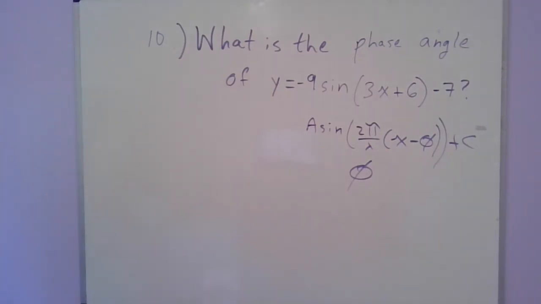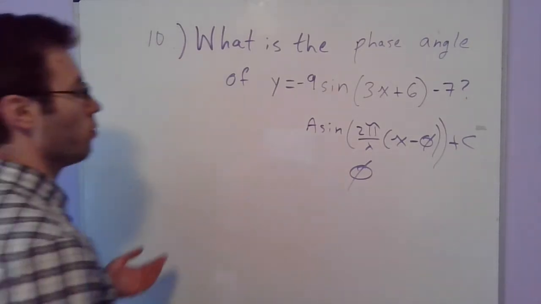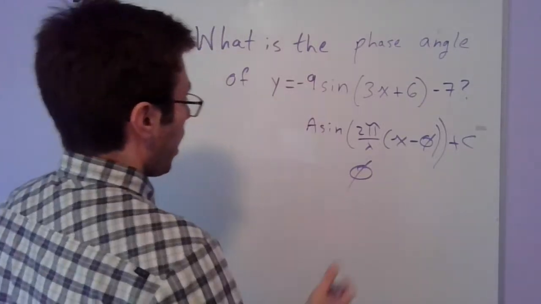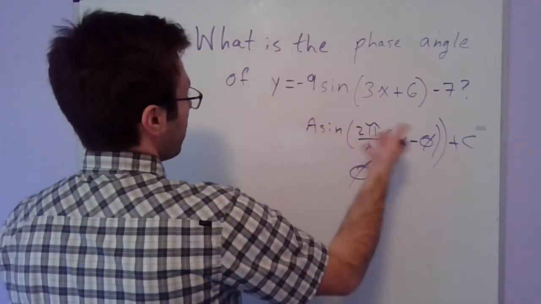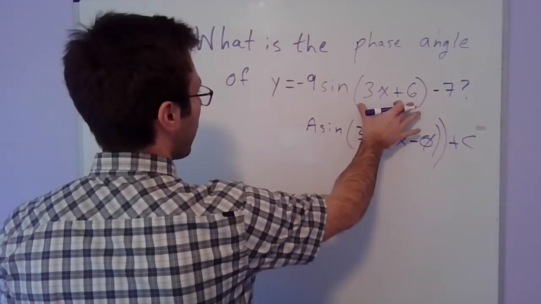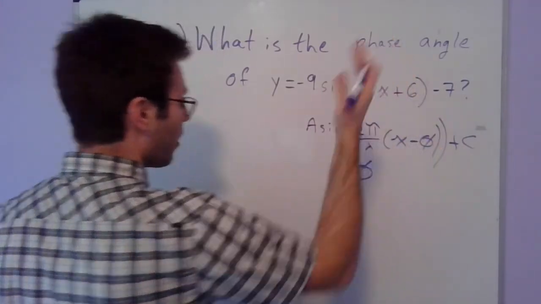So we're trying to figure out. When I look at this one, this one's kind of a trick. When you look at it, you might say, hey, if I set this whole term equal to that, I could potentially figure out what phi is.